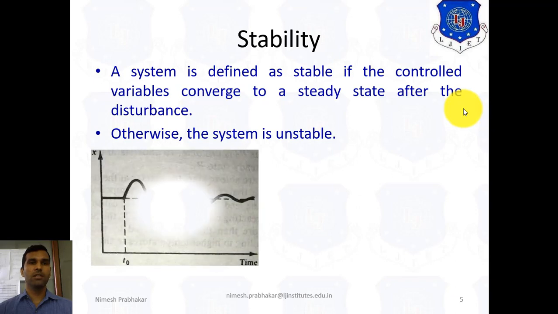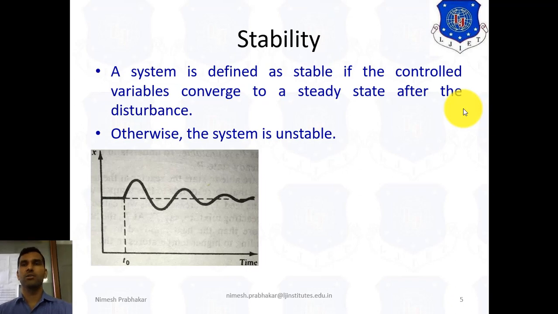Now to understand this, let us take one example and see this graph. In this graph, consider the behavior of variable x shown in the figure. Notice that at time t equals t0, the constant variable is changed.